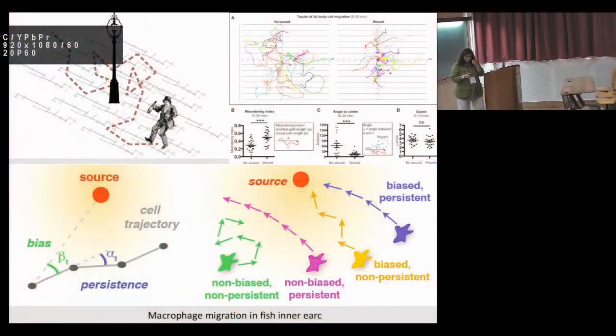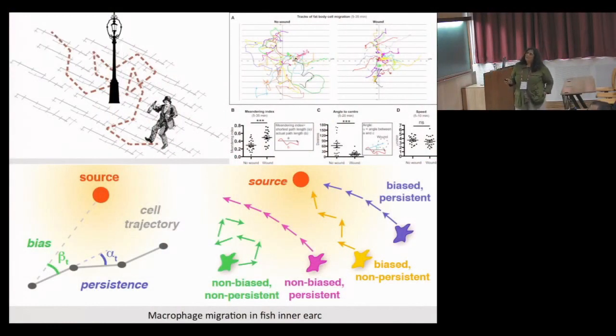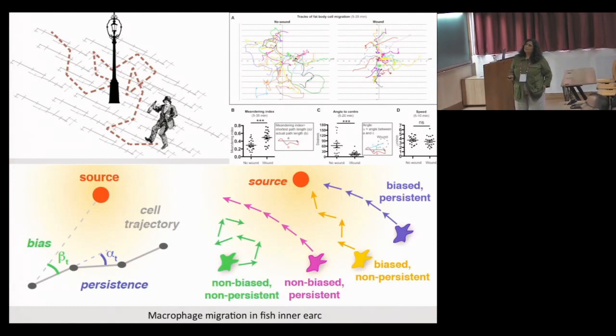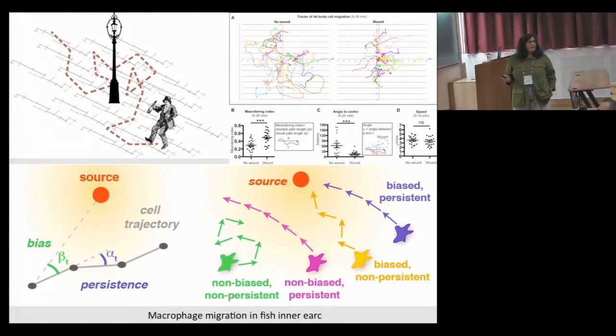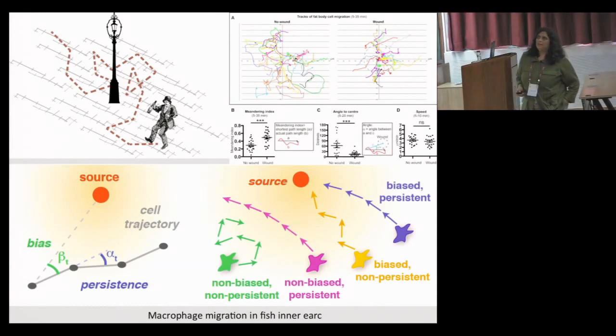If you look at the trajectories of this macrophage, let's say these are several macrophages, prior to it being wounded and after having a wound, you will see that there are many features about the way this macrophage moves that are influenced by the process of wounding, right?